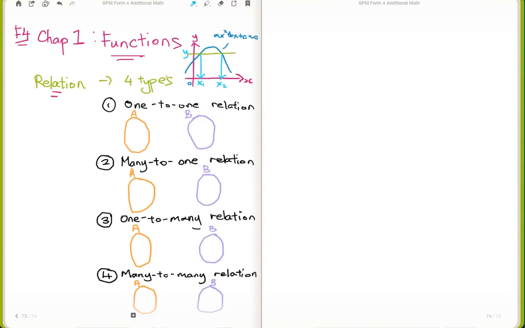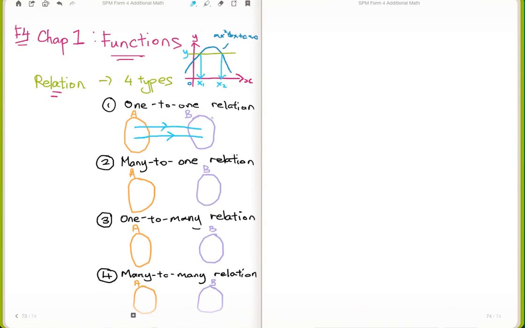So there are basically four different types of relation. You have one-to-one relation. One-to-one is rather simple, which is a linear equation where you have one number mapped to another number over here. One number to another number.